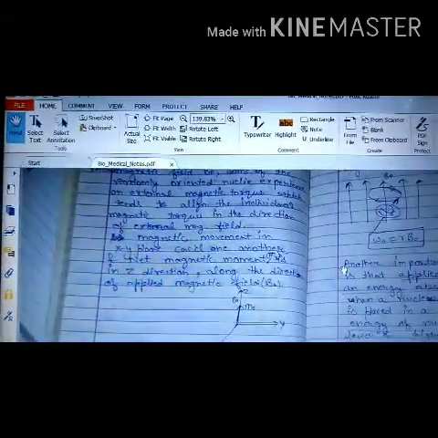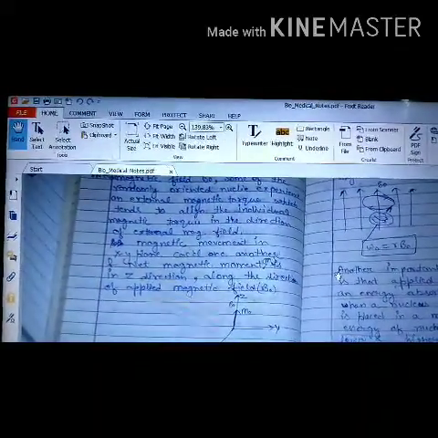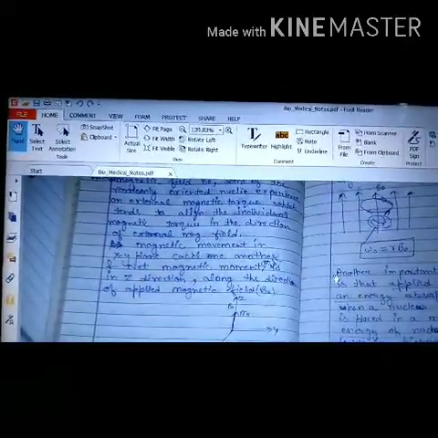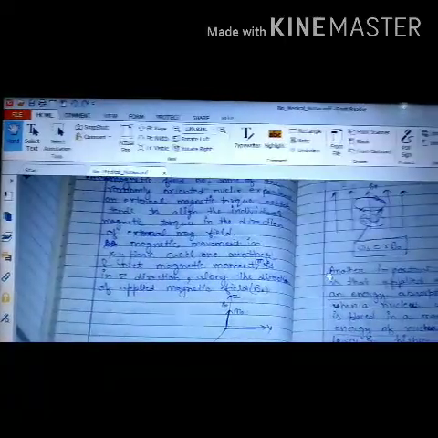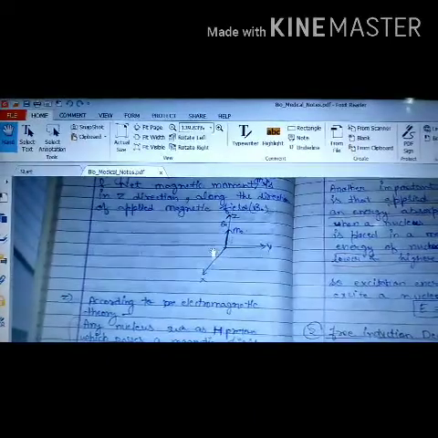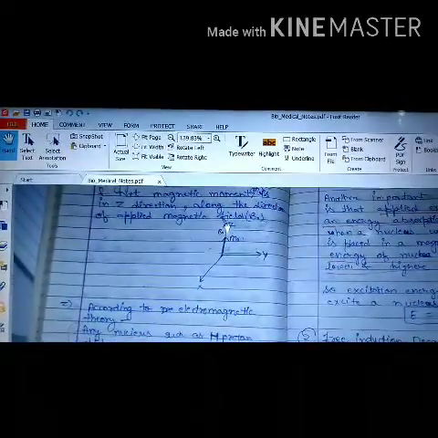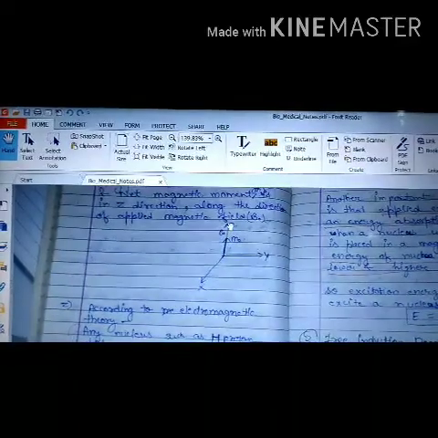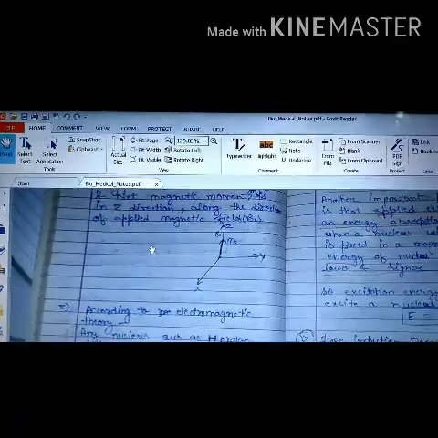So in the xy plane, the magnetic moments cancel one another, and the net magnetic moment is in the z direction. So the magnetic moment in the x direction and y direction gets cancelled, and the net magnetic moment is experienced in the z direction along the applied magnetic field B0.